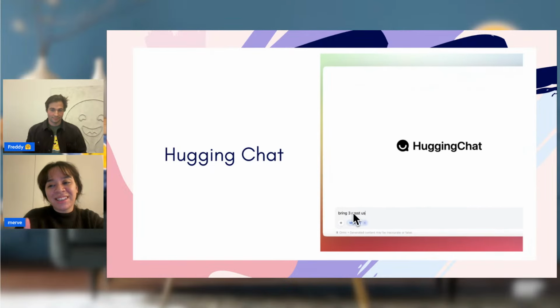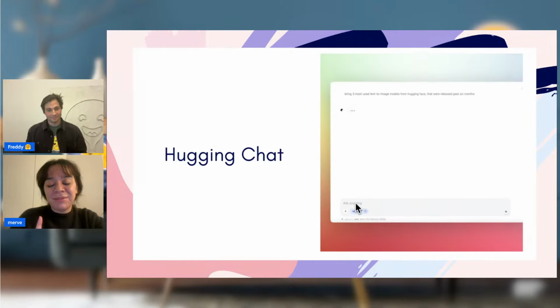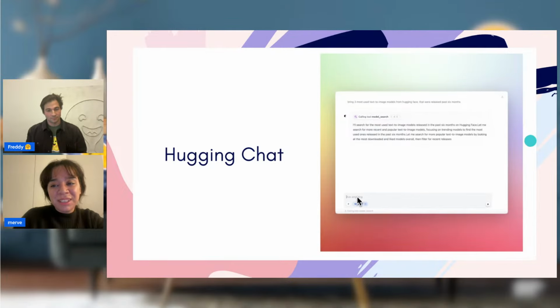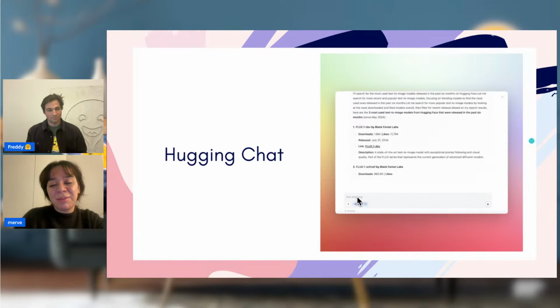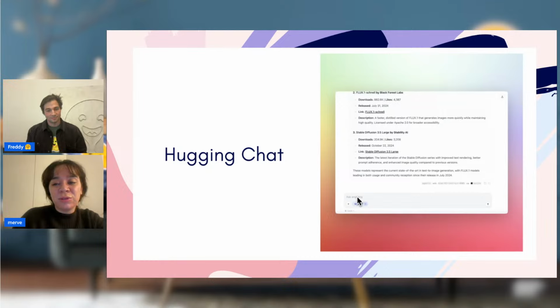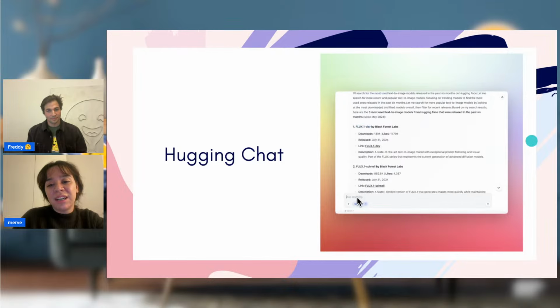And also one last announcement is that we recently brought back Hugging Chat, and we have enabled MCPs in Hugging Chat, which makes it a super powerful, AI-powered chat. You can consume many spaces, many models.